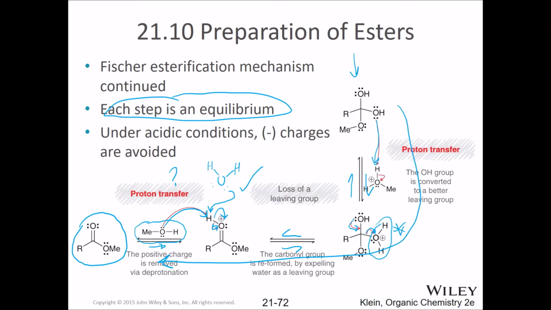If we do it with water, we can push things in this direction. So the mechanism for esterification and the reverse, which is called saponification, which we're doing next section, is virtually identical.